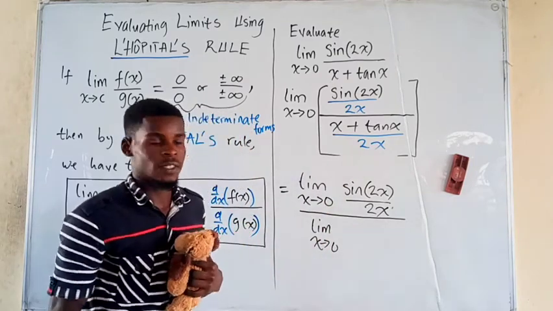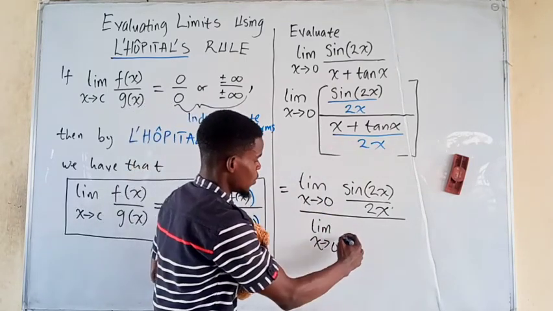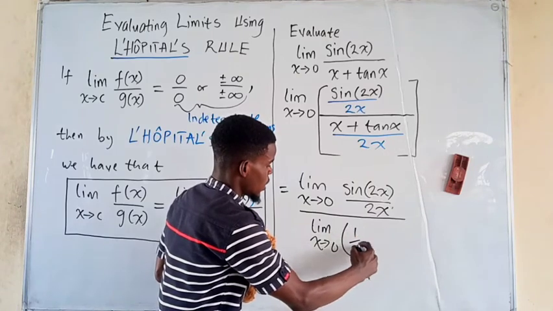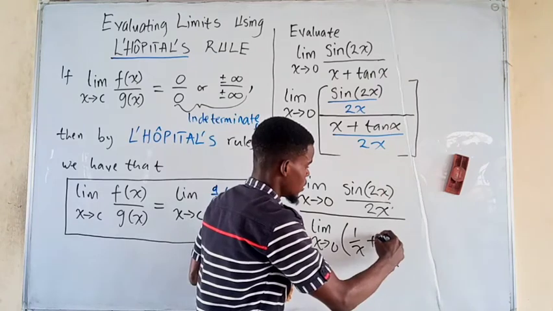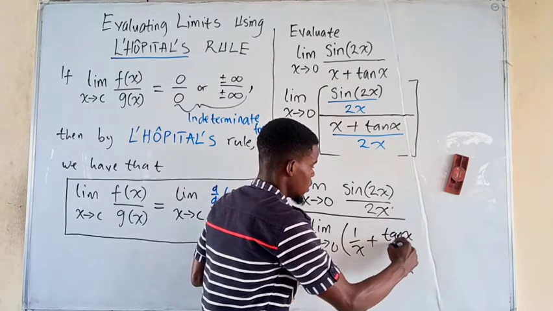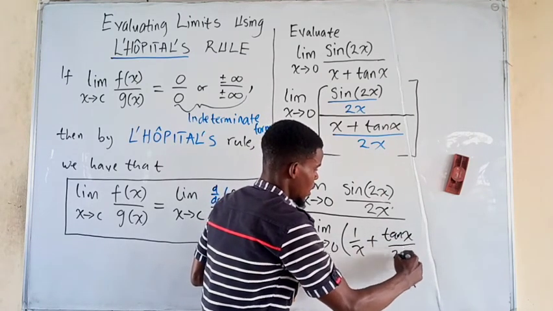I can split these fractions: x over 2x gives us 1 over 2, then I add tangent x over 2x, that is just tangent of x divided by 2x.